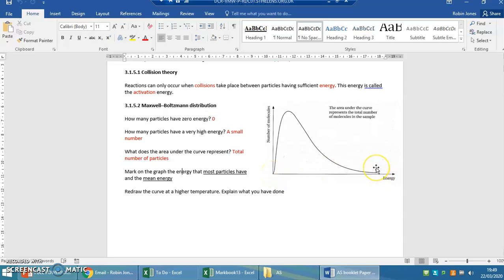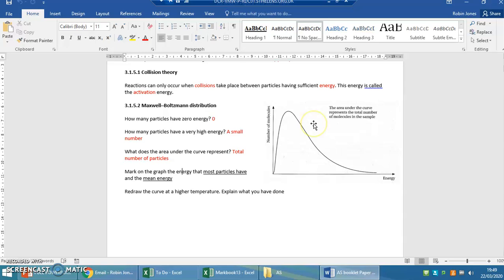More particles have a high energy at the higher temperature, because the higher temperature provides particles with a higher energy. The peak is going to the right, so the number of particles is shifted to the right, so the energy that most particles have, the peak, is further to the right because more particles have a higher energy, but that peak is lower.